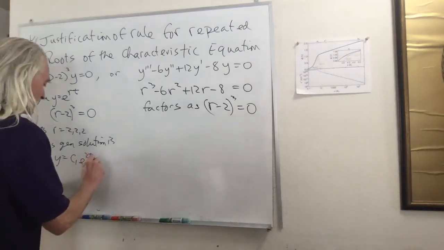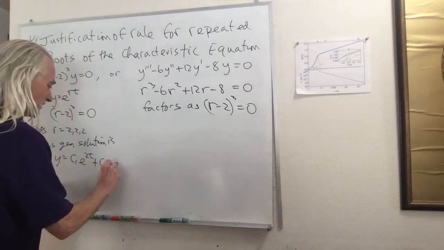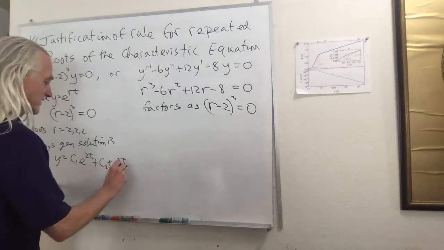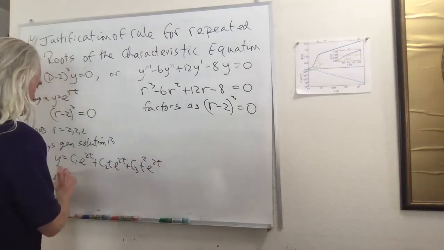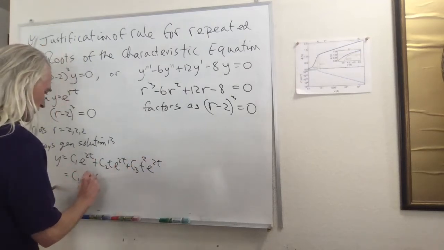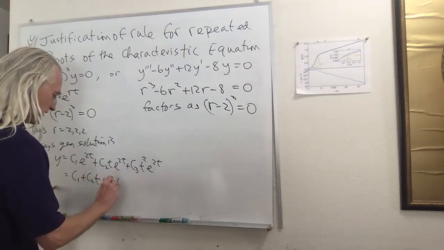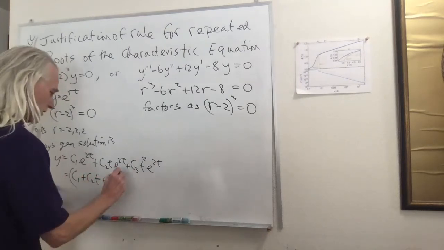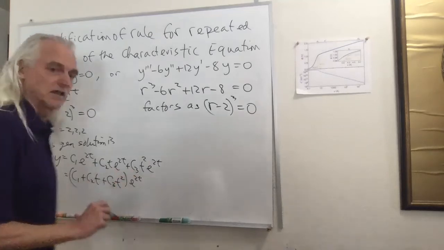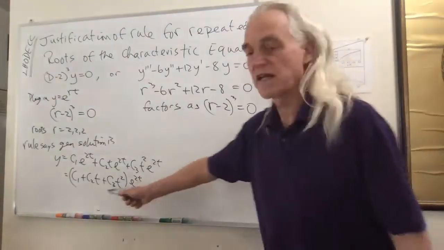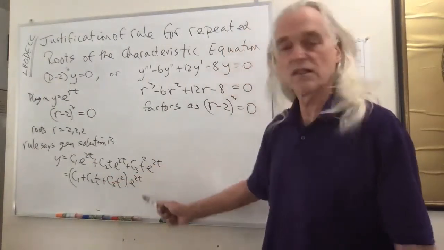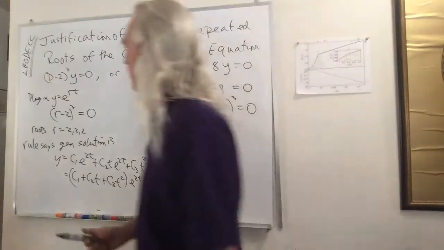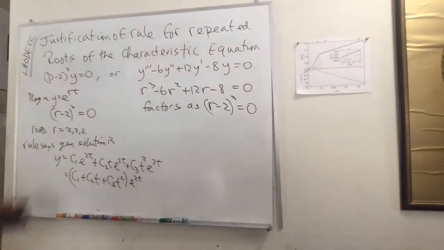And I can say c2 t e to the 2t because I need to put a t in there, plus c3 t squared e to the 2t, which I've mentioned maybe the nicest way to think about it is this quadratic polynomial, c1 plus c2 t plus c3 t squared, times e to the 2t. All right. So let's try to figure out how we got that.